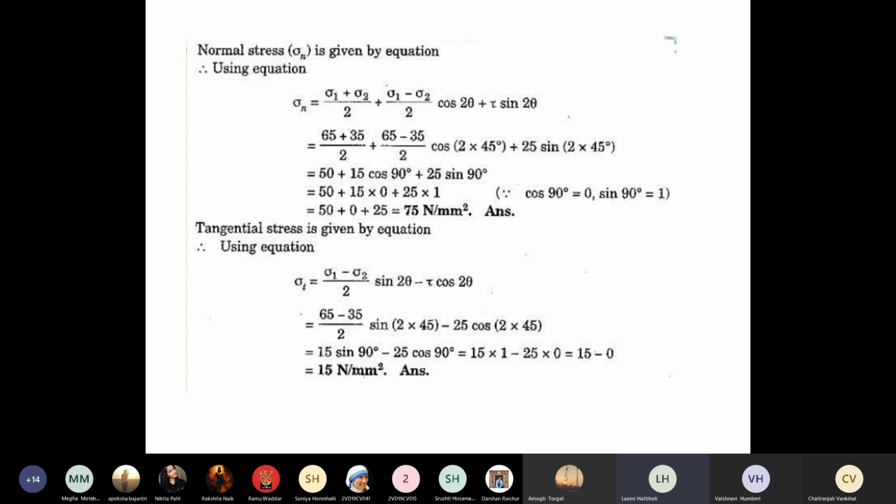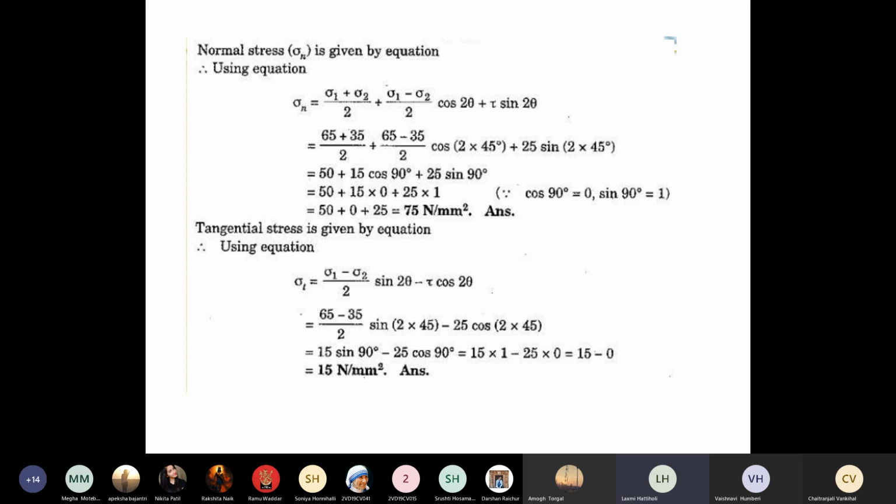Please make a correction. Of course, it's not a correction, it's the way you understand it. Instead of using sigma 1, sigma 2, you can use sigma x, sigma y, because according to our concept, we have used sigma 1 and sigma 2 for major principal stress and minor principal stress. But actually in this formula you have sigma x and sigma y, and you can use the same thing.